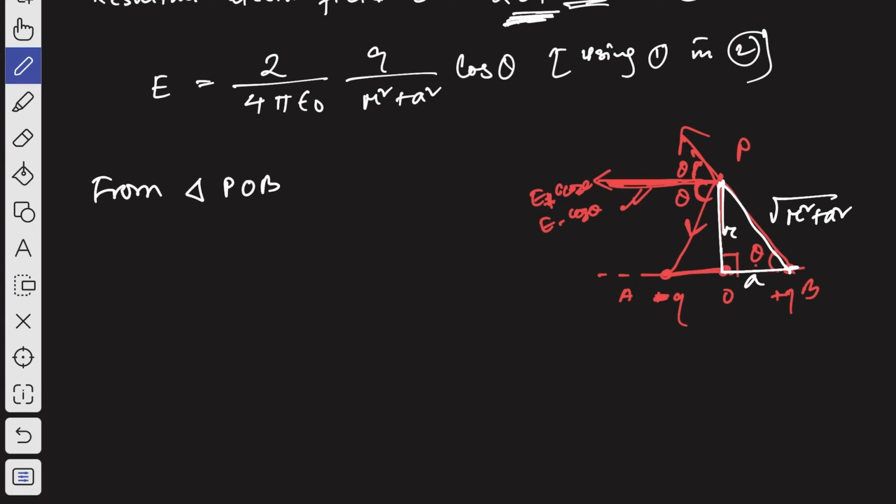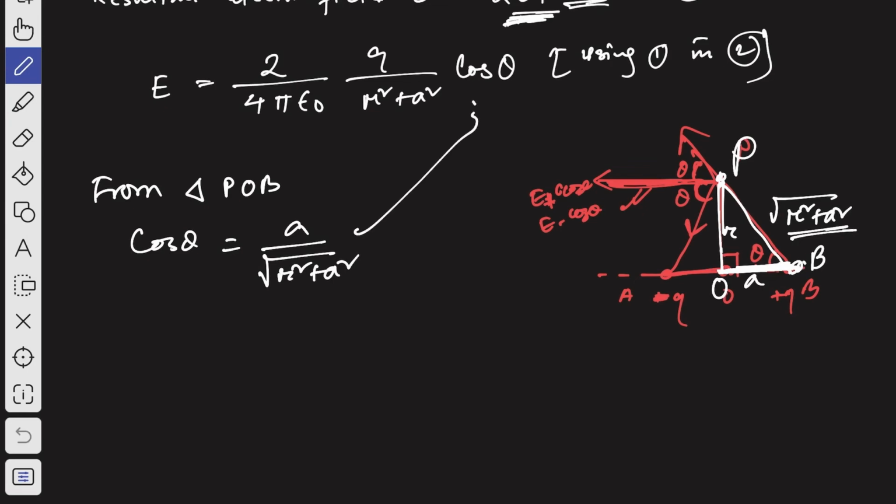Cos theta is equal to, from triangle POB, this point is B, this is O, and this point is P. So from triangle POB, that is base by hypotenuse. Base is A, and hypotenuse is root over R square plus A square. That is the value of cos theta.